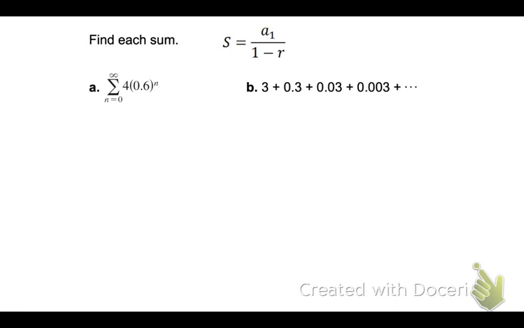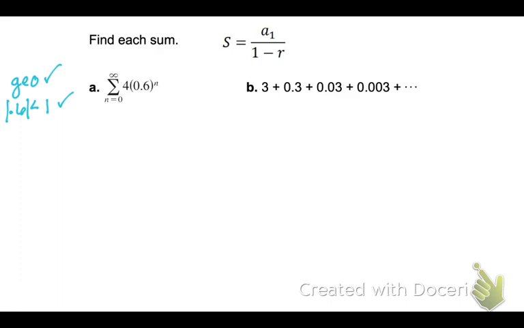First off, is it geometric? Yes. So geometric, check. What's r? 0.6. Is the absolute value of 0.6 less than 1? So that's a check.